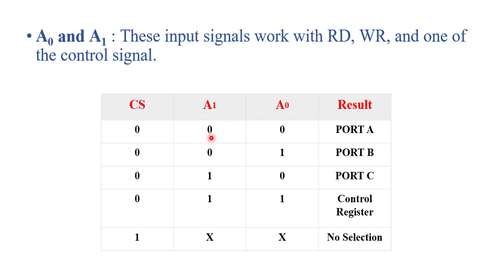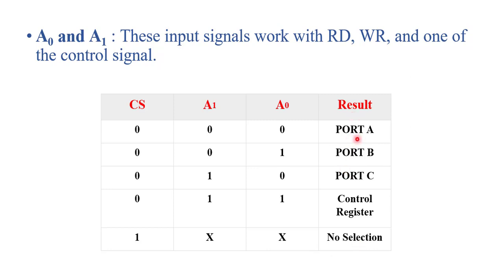If the combination of A1 A0 is 00, port A is selected. 01, port B gets selected. 10, port C gets selected. 11, the control register gets selected. But if the chip select pin is 1, it means chip select is inactive, and no selection of port will be done.